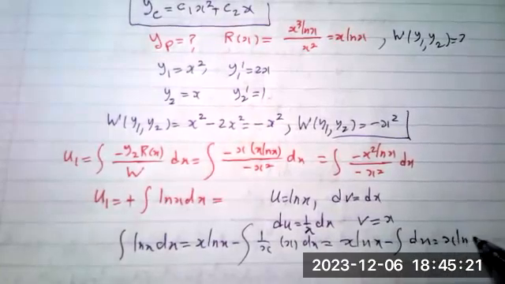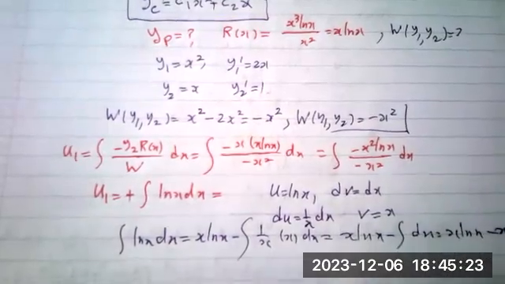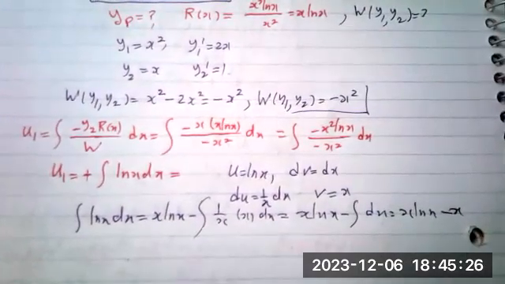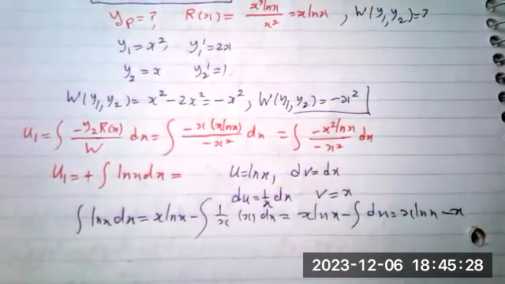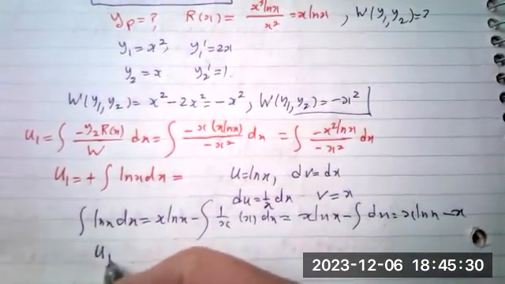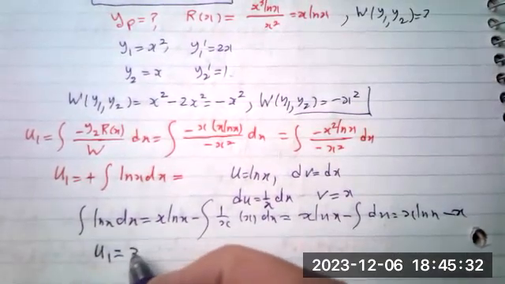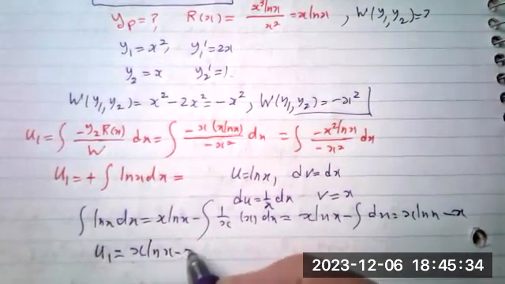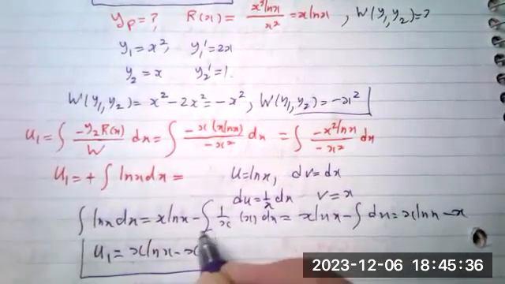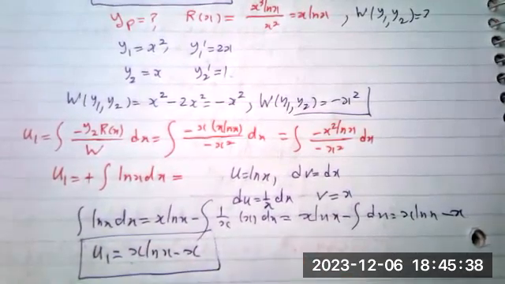That gives you x ln x minus x. So u1 is x ln x minus x. Any question? So that's u1, you go back and take the u2.